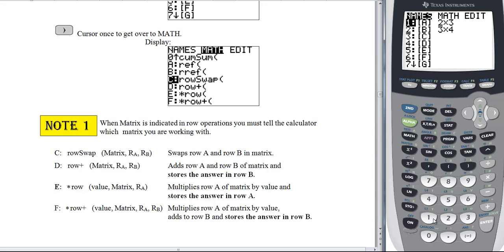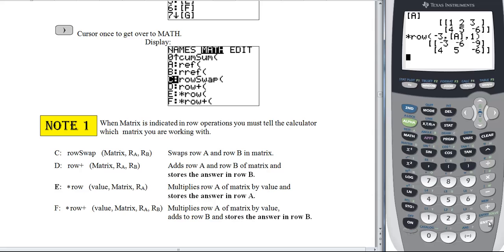So I want to do it to the very first matrix, comma, and RA means this is the row I need to multiply, and I said row 1 in parentheses. If you'll notice what it says, it's going to multiply row A by that number, and then store the answer in row A. So let me hit enter. It multiplied that first row by -3.